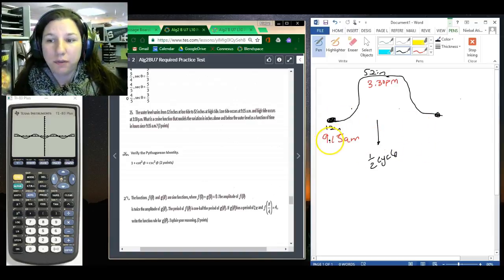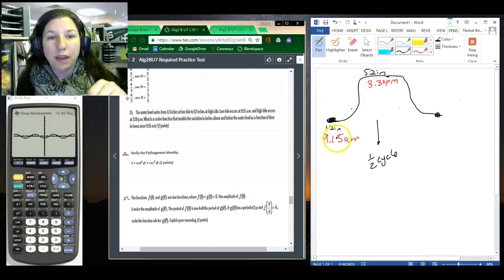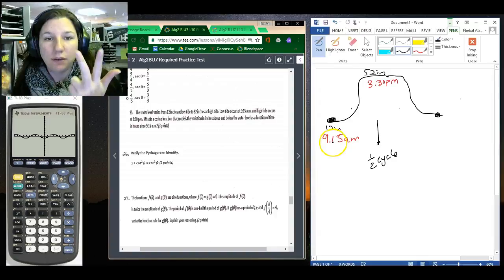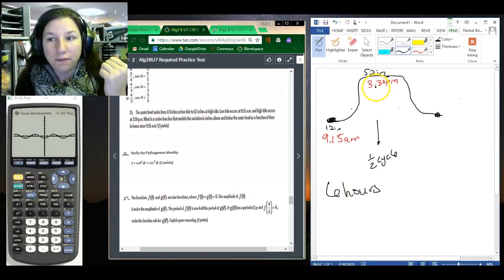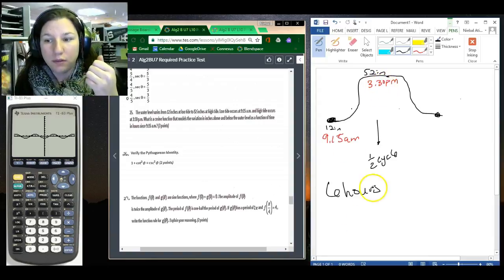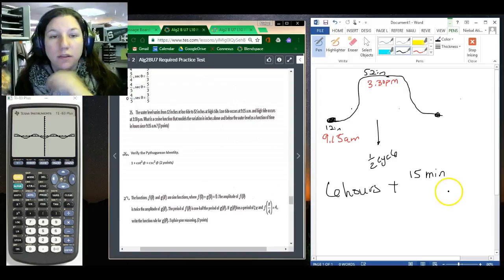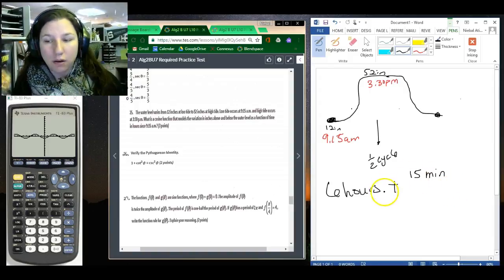So how much time is there from 9:15 a.m. to 3:30 p.m. if you count the hours? So 9:15, 10:15, 11:15, 12:15, 1:15, 2:15, 3:15. So we have 6 hours. And then I'm at 3:15. I need 15 more minutes to make it to 3:30. Okay, but we need it in the same units.